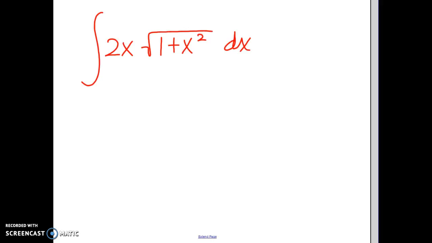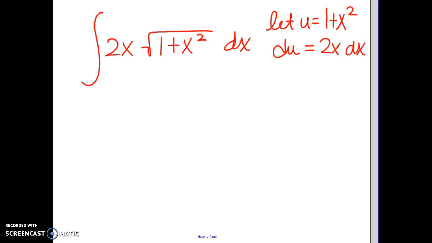I do have an inside function. So I am going to let U equal 1 plus x squared. I'm going to take the derivative of U. So therefore du equals 2x dx.